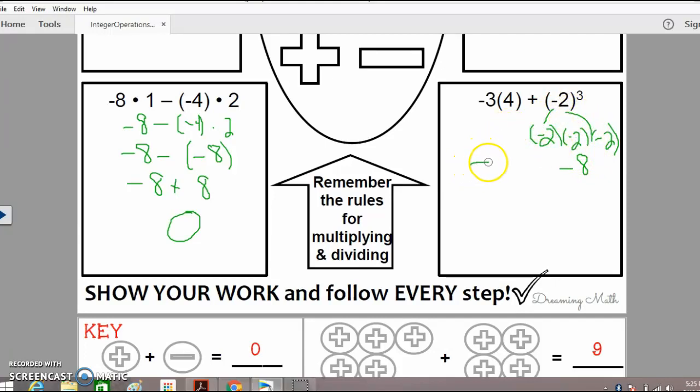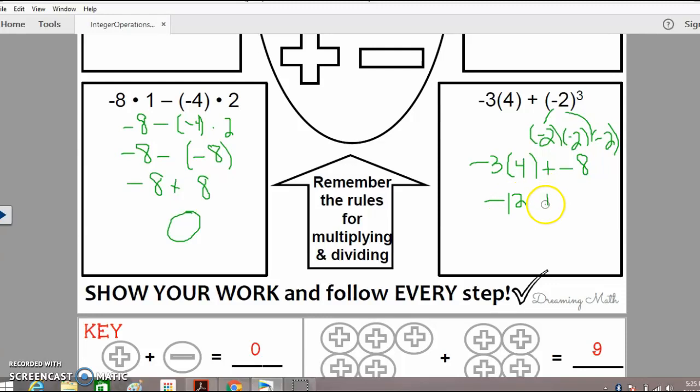And I'm going to rewrite the first part because I didn't use that. Negative 3 times 4 in parentheses, and I have over here plus negative 8. Okay, I don't see anything else I can do except multiply. So I have a negative 3 times 4, and that gives me negative 12.